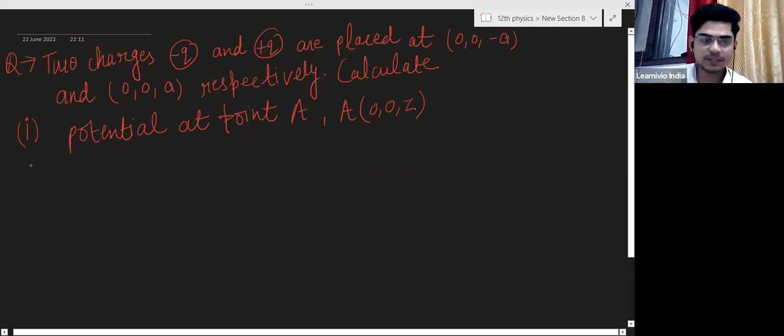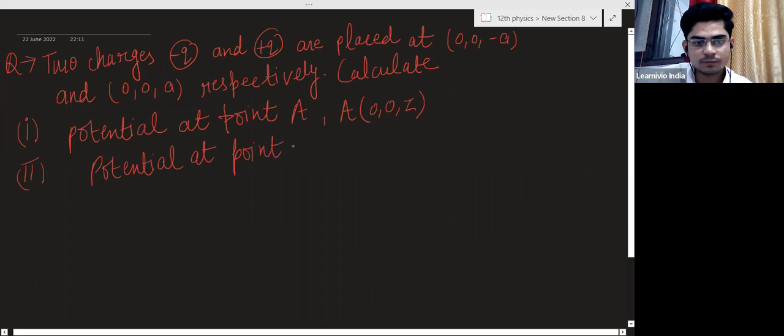And the second part is the potential at point B, and the coordinates of B are given as a comma 0 comma 0.